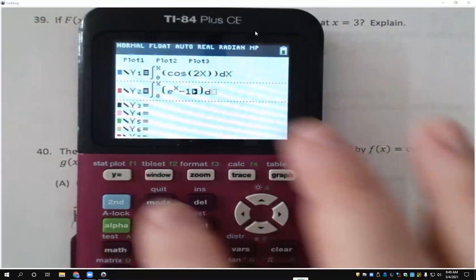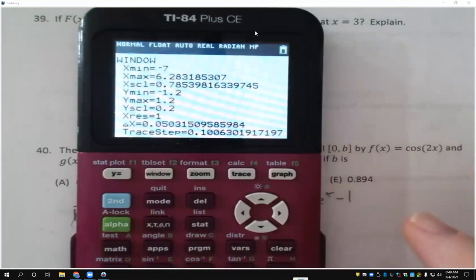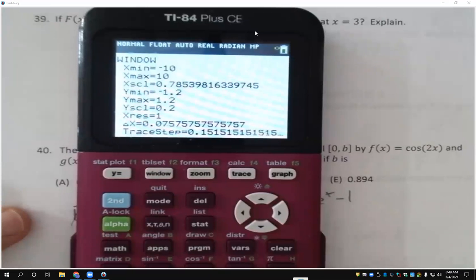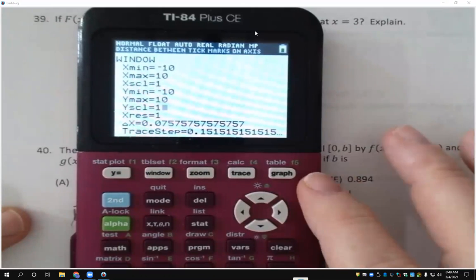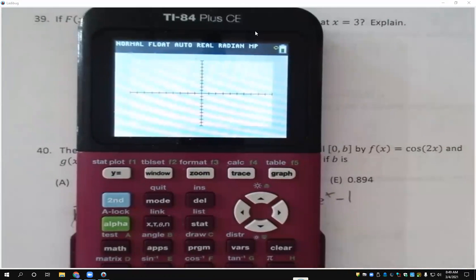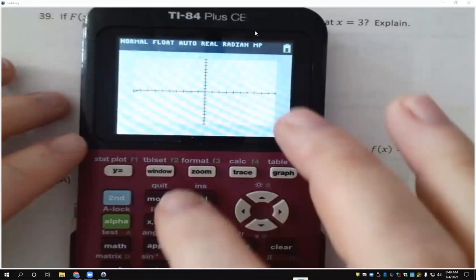I don't know what a realistic window is. I have been messing with mine in my other classes. I'm just going to go negative 10 to 10, the normal window, and graph that and see where they intersect. Probably going to be a while. Matter of fact, I'm going to turn that off and restart this.